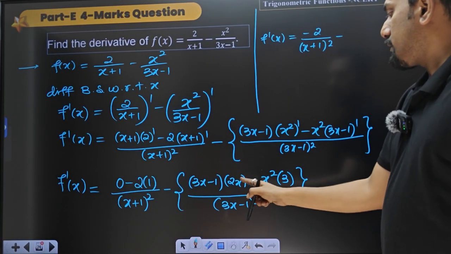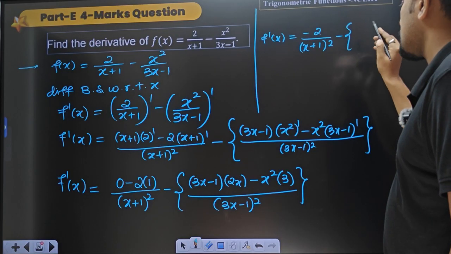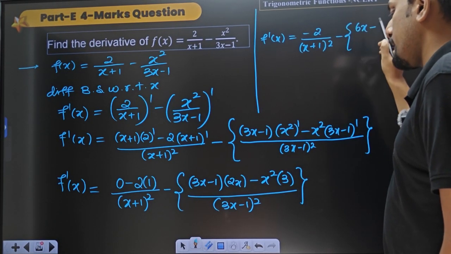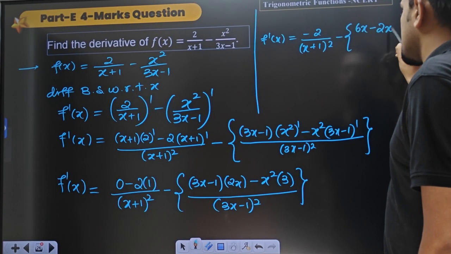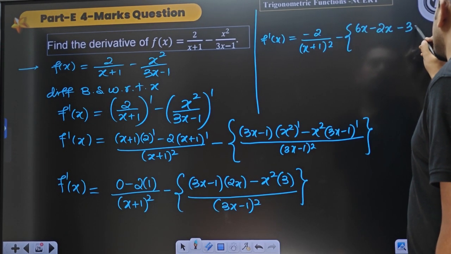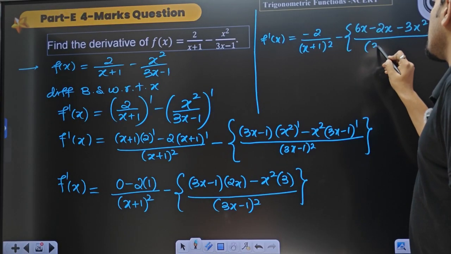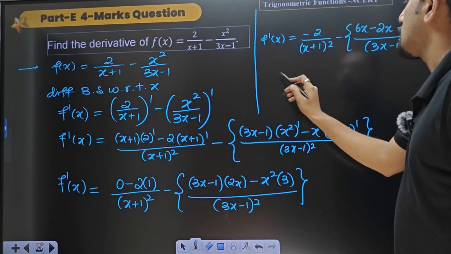Minus, if you multiply these two, then it becomes 2x into 3x becomes 6x minus 2x into 1 becomes 2x, right? Then minus 3x square divided by 3x minus 1 whole square, close.